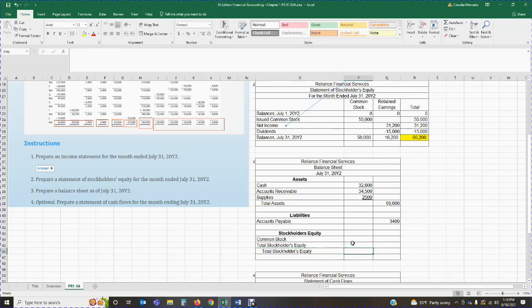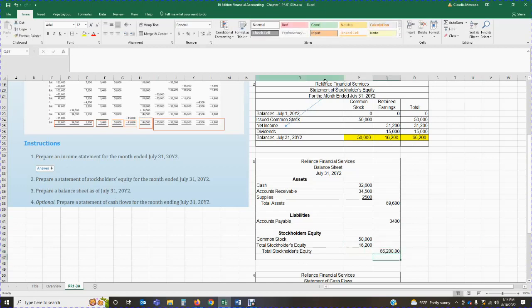Okay, so common stock. How much common stock do we have? Well, looking at here, we have common stock of $50,000. Okay, so we've got common stock of $50,000. Okay, and then we have our retained earnings of $16,200, which give us a total stockholders' equity of $66,200.